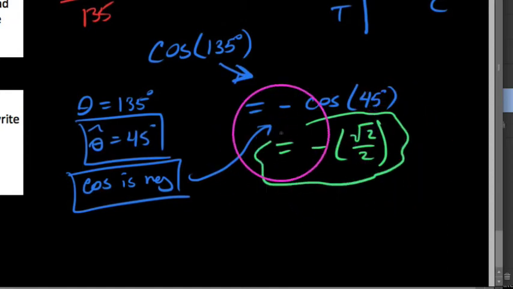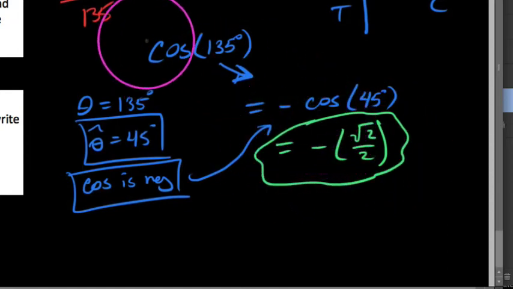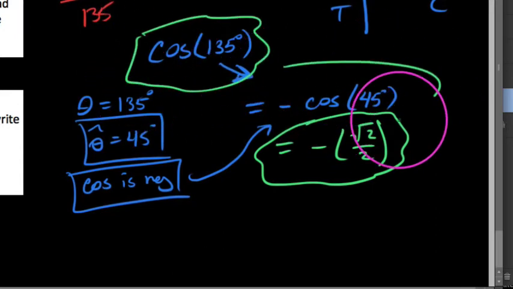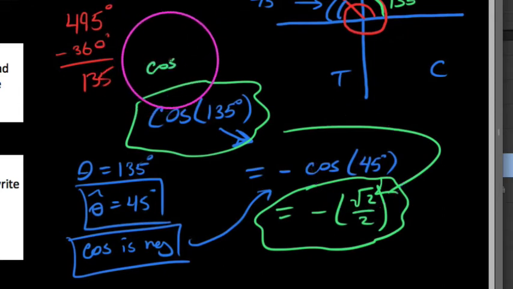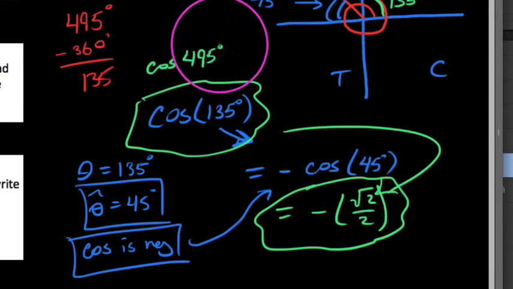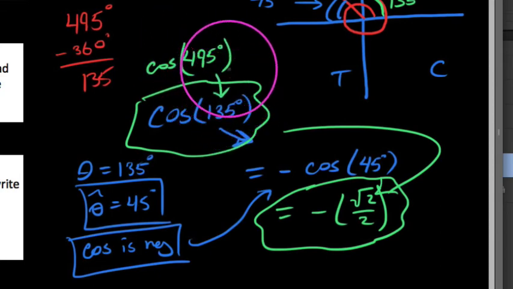So we get the exact value, negative radical 2 over 2. The moral of the story is this: if you were to find the cosine of 135 in the first place, you would have gotten negative radical 2 over 2. And that has to be the same thing as the cosine of 495, because 495 lands in the same spot 135 does, or is coterminal with it.